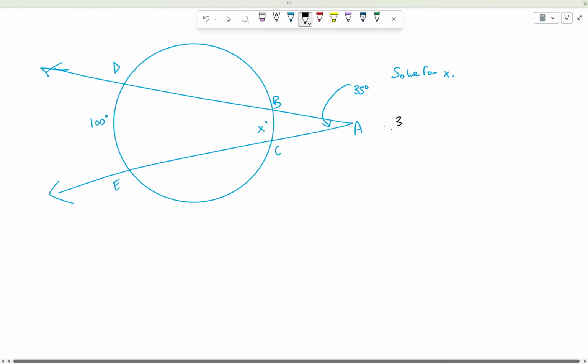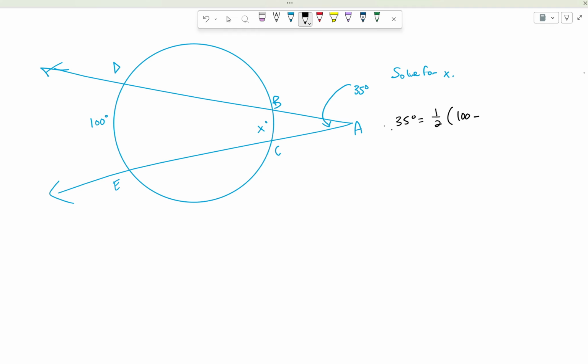It's still going to be the angle equal to 1/2 of the outer minus the inner arc. And now this is algebraic: 70 is equal to 100 minus x, minus 100 minus 100. I have negative 30 is equal to negative x. So 30 is x. I'm done.